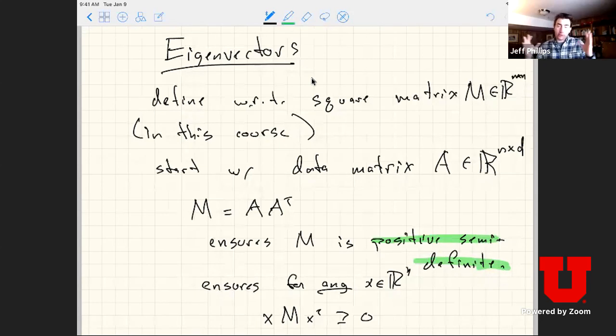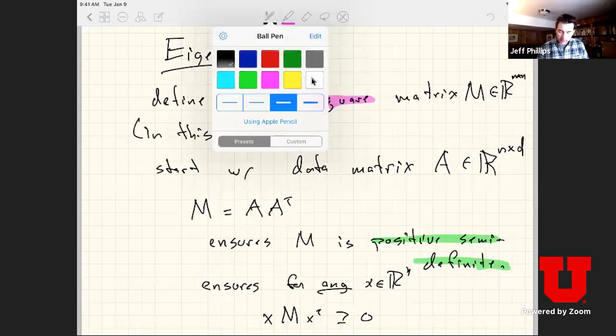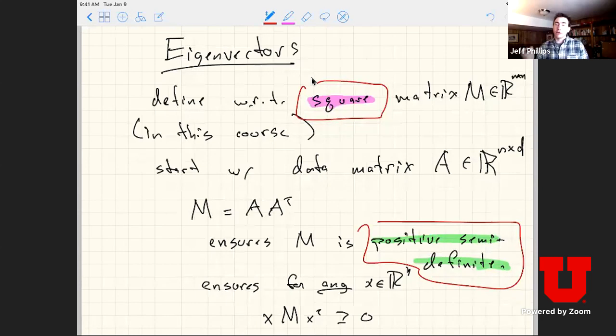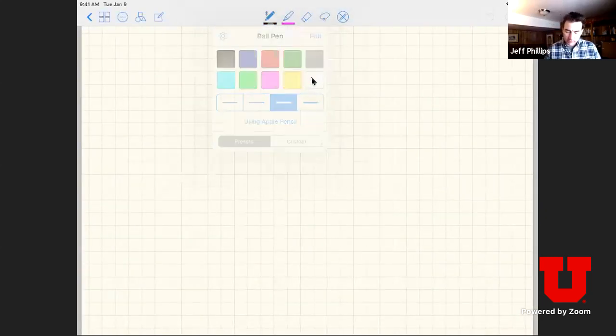So we're now going to assume that our matrix is square and satisfies these two properties: square and positive semi-definite. This gives rise to another property related to eigenvectors.